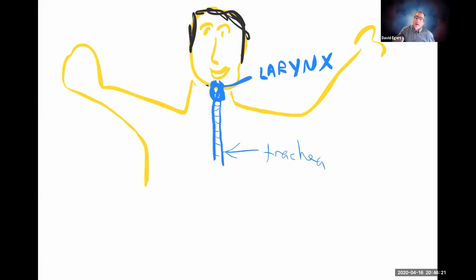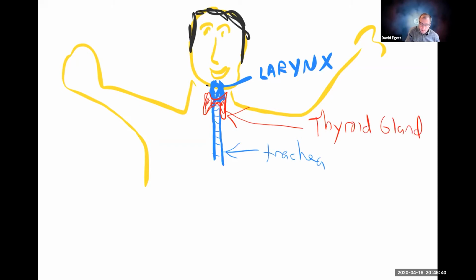Just below the larynx, sometimes people talk like a little bow tie, you have the thyroid gland. It's got one lobe on either side, and then this little, they call it the isthmus, a little thing that goes across.